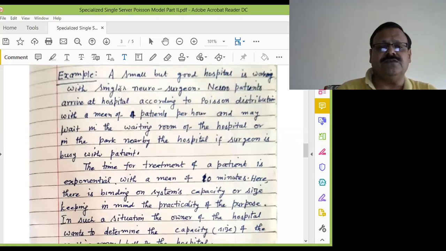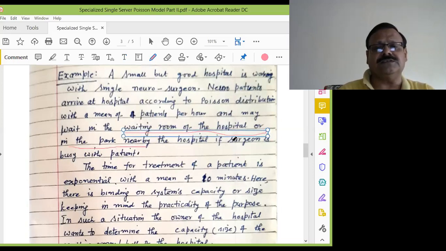There is only one neurosurgeon. Patients may wait in the waiting room, or in the park nearby the hospital, if the surgeon is busy with a patient.